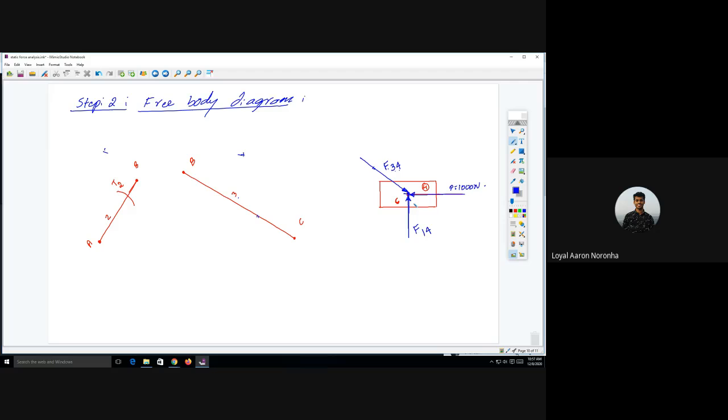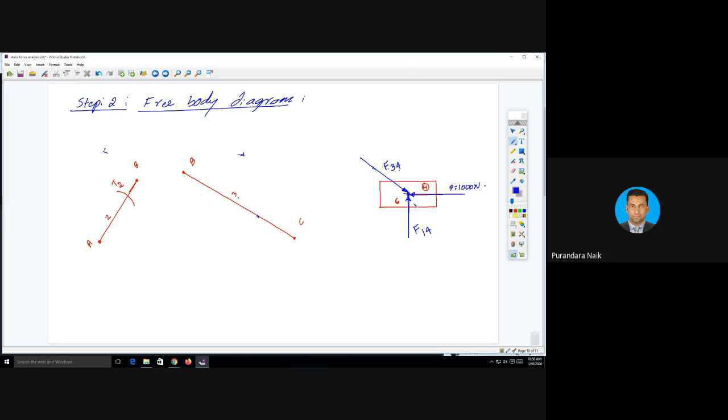Frictional force. Yes? You just neglect the frictional force. Why? Because the self-weight of the piston and the frictional force we are going to neglect, because we have applied a 1000 Newton force. If you compare the frictional force and the applied force, the frictional force value is very, very small.